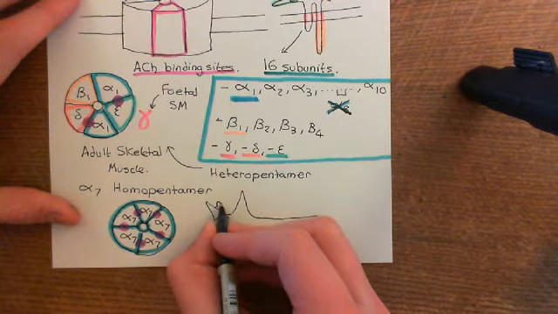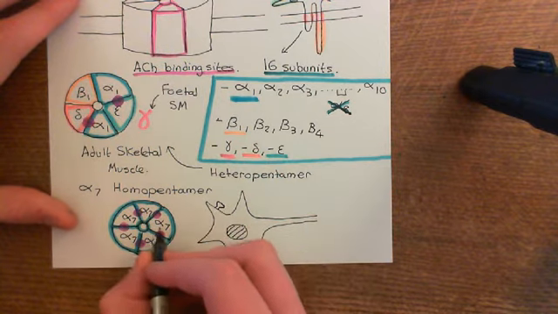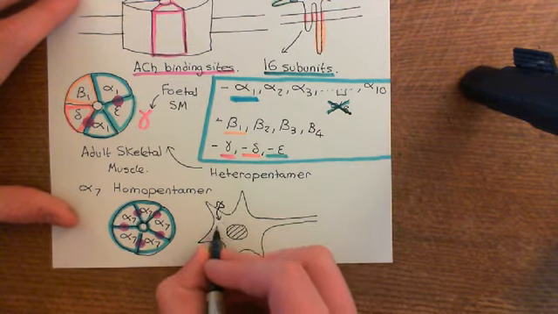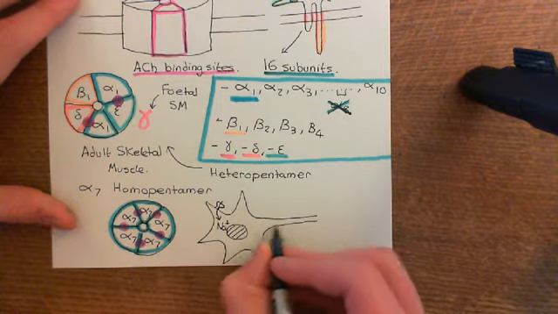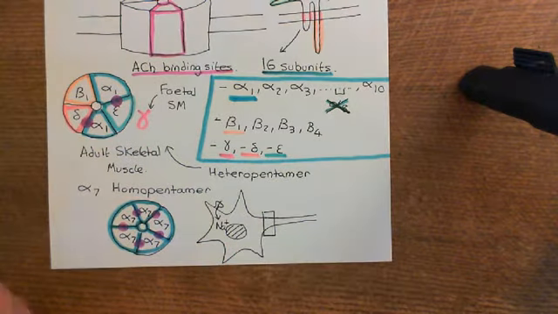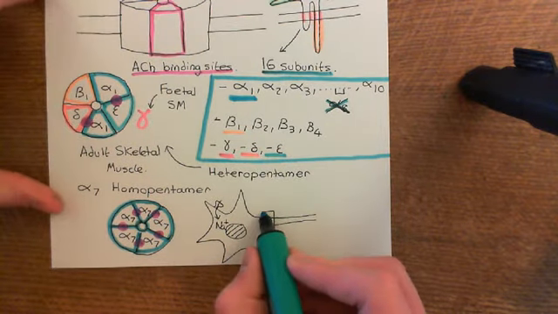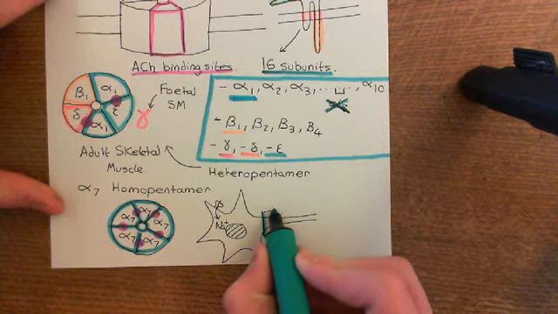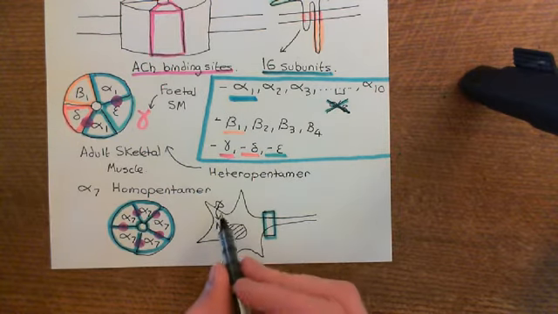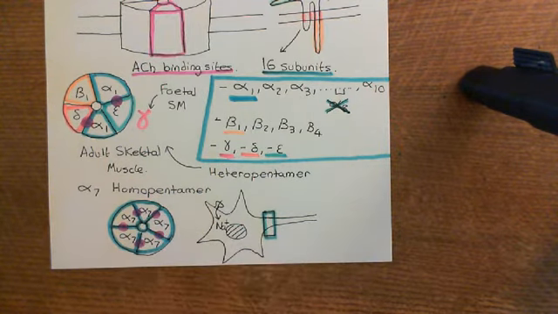If you activate these alpha-7 homopentamers on these dendritic spines, they will open and allow in sodium ions, which will make it more likely that the dopaminergic neuron is going to fire an action potential from the axon hillock here. So this is how nicotine is going to make these dopaminergic neurons of the ventral tegmental area fire more often, by activating the alpha-7 homopentameric nicotinic acetylcholine receptors on the dendritic spines of these dopaminergic ventral tegmental area neurons.